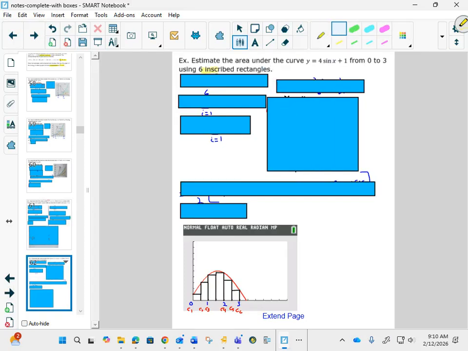Here's an interesting word: inscribed. When things are inscribed, they're drawn within something. So it's sort of another way of making sure that you're doing the lower sums if you want all of the inscribed rectangles.